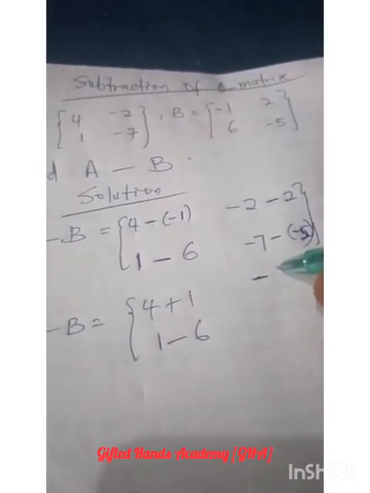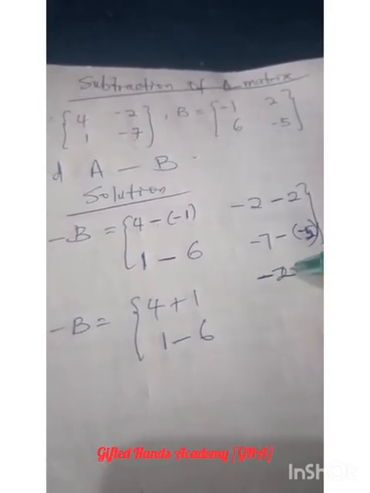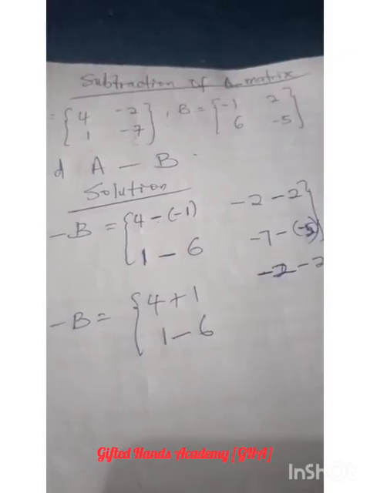So that's minus 4. I'm dealing with the sign first. Then the last one here I have minus 7, and minus times minus here is plus, so minus 7 plus 5.